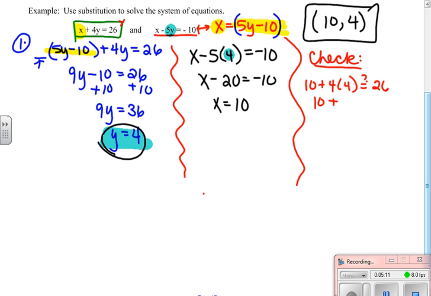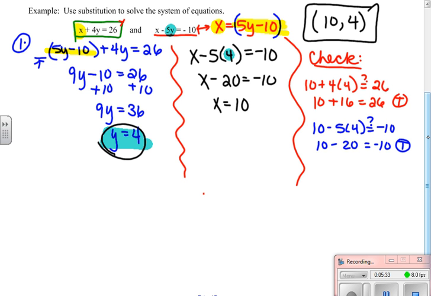So 10 plus 16, yep, that's going to be 26. True. I know my answer works there. I need to check it in the other one. Does 10 minus 5 times 4 equal negative 10? 10 minus 20 surely is going to equal negative 10, and that's true. So I know these answers are right before I even leave the problem.